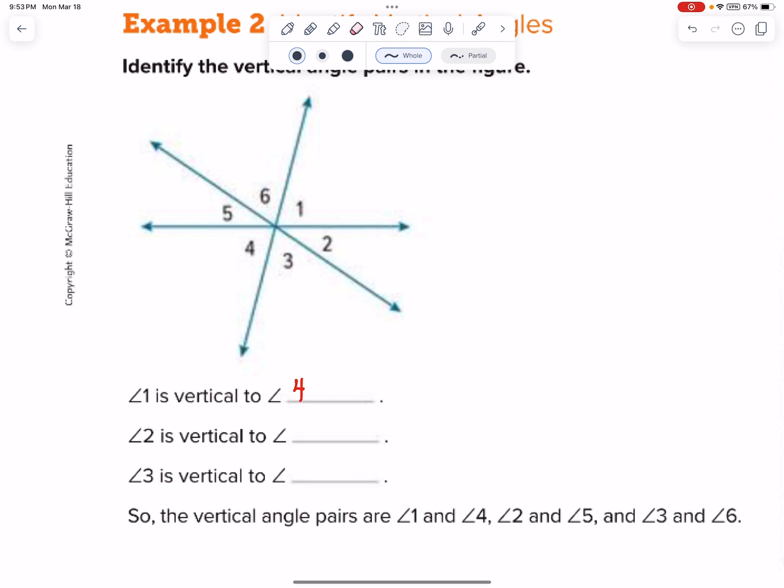Okay, so I look at my X here. Angle 2 is vertical. What's straight across? To angle 5. And then angle 3, if I clear this out, here's angle 3. So I'm going to make the X around the angle 3. Angle 3, what's opposite of it? If you said angle 6, you're good.